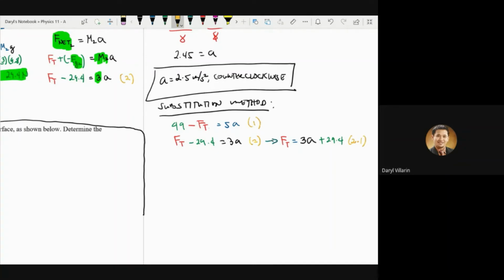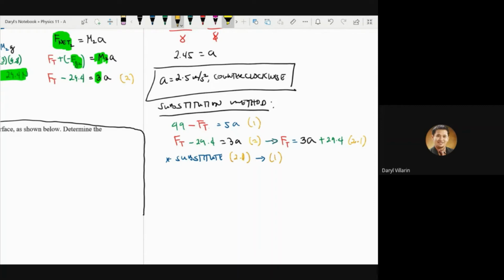So what I'm gonna do next is substitute 2.1 into equation 1. By the way, don't substitute 2.1 into 2, because that is where your 2.1 came from. You're gonna substitute it into the other equation.